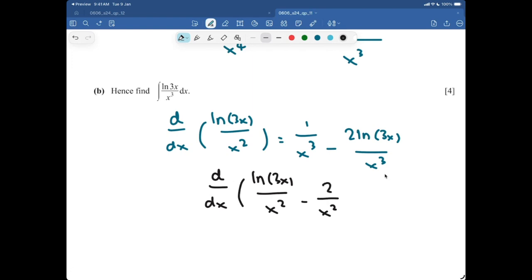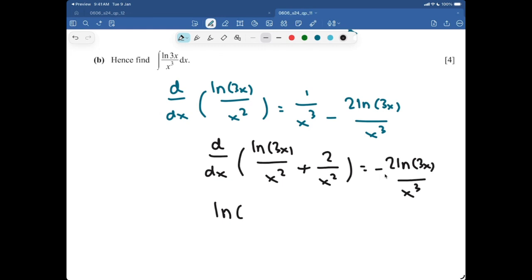So it should be d/dx of minus 2 over x squared, or is it plus? It should give you a negative result, so it should be a plus, equal to negative 2 ln 3x over x cubed.